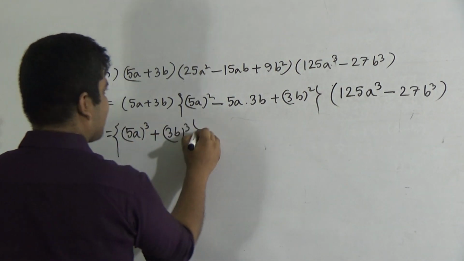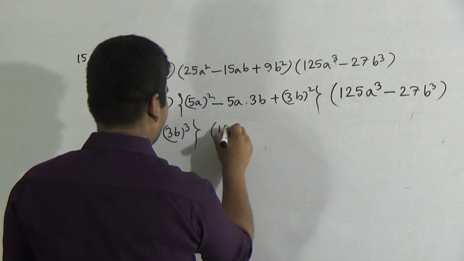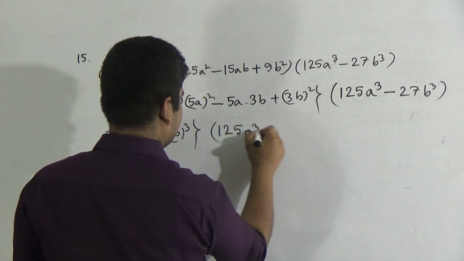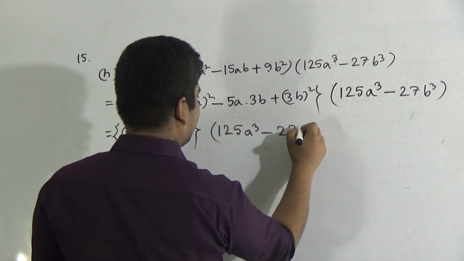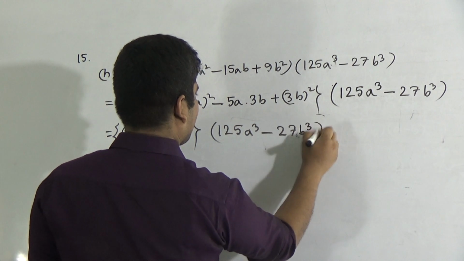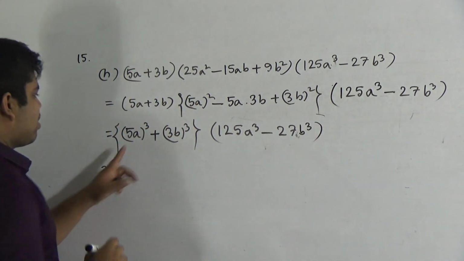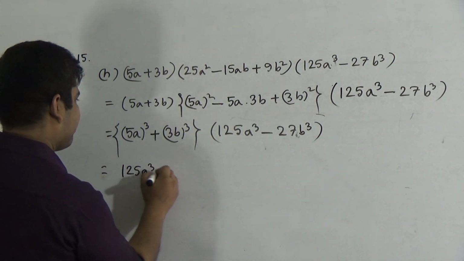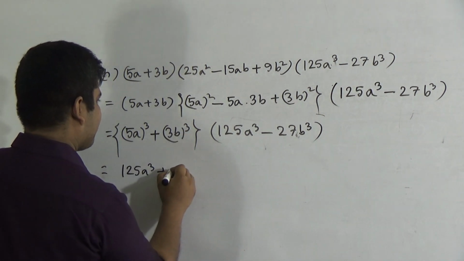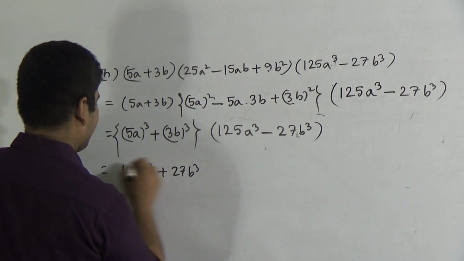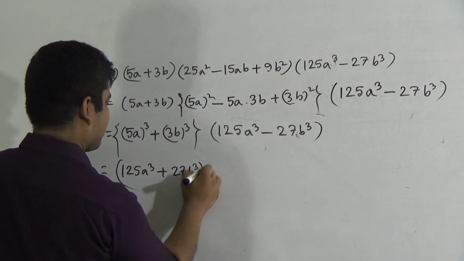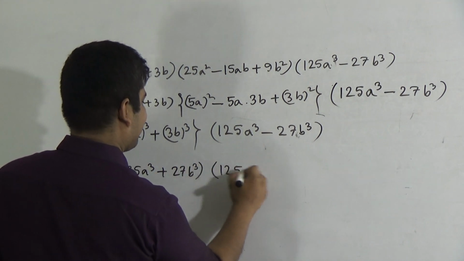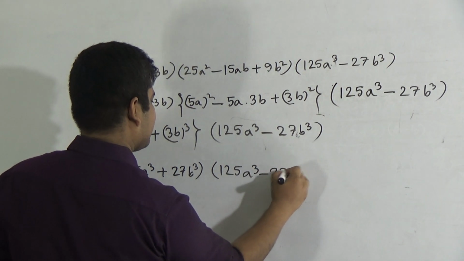Okay, and that one remains unchanged, minus 27 b cube. So now notice 5 cube means 125 a cube, 3 cube means 27 b cube. 125 a cube minus 27 b cube.